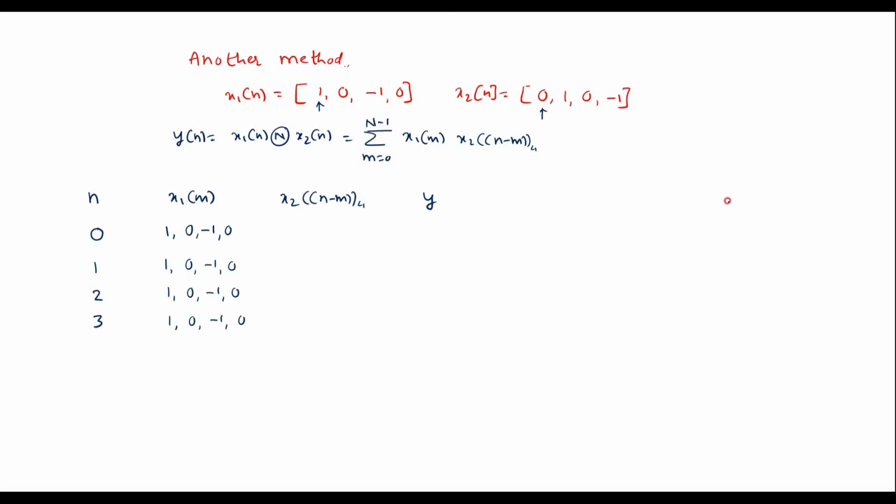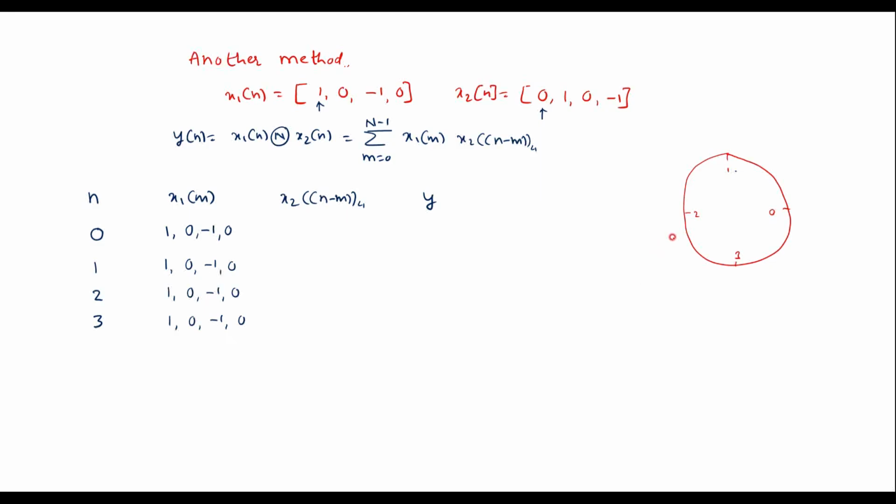I will try to represent this x2 of n on a circle. Assume that this is the circle, this is for n equal to 0, this is for 1, this is 2, and this is 3.